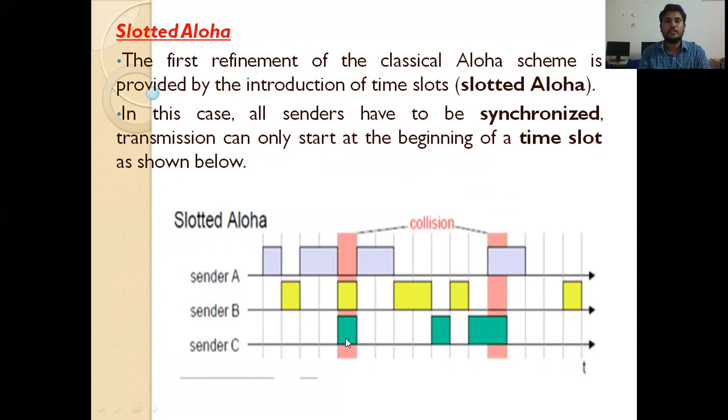If the medium is busy and C waits for some time, collision does not occur. But if sender A has already taken initiation and the packet is moving, and sender C sends another data packet, it collides in this time slot.